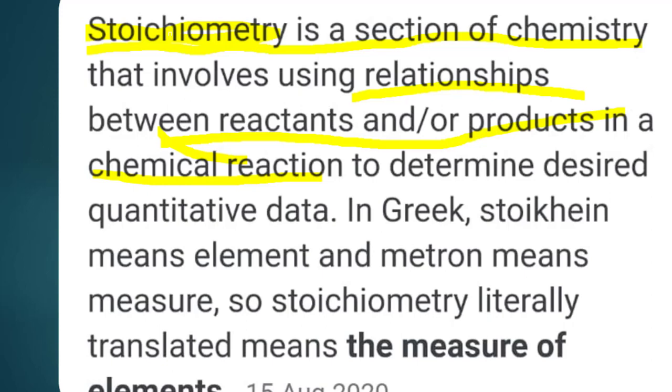Concept 2 is stoichiometric calculations part 1. Before going to stoichiometric calculations, first you must know what stoichiometry is. So this is the data about stoichiometry. Write it down. I am giving you 5 minutes to write.